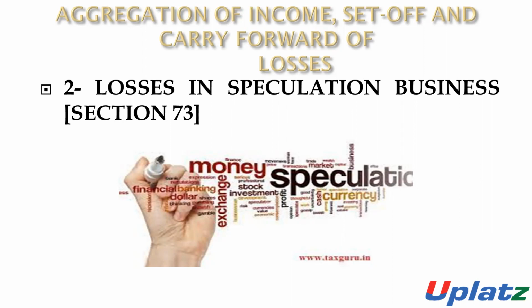As per the provision, if an assessee has a loss in the speculative business, then the loss of the speculative business can be set off only with the profit of speculative business.